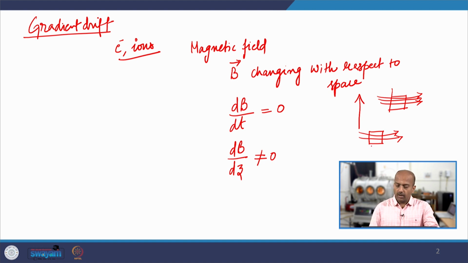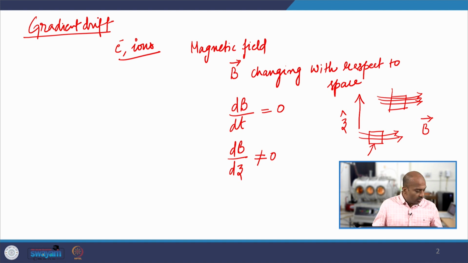If you take this to be a unit surface area, there are two magnetic flux lines passing, and if you go along this z direction, you will see more flux lines passing through this unit surface area. Since the magnetic field is defined as flux per unit area, we can say that the magnetic field strength is increasing.